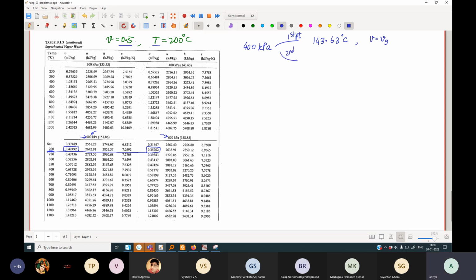The second point will be at 250 degrees Celsius, where V is equal to 0.59512. Now, how do I find out what this V equal to Vg will be? I simply look up the 400 kilopascal saturated water entry and write down what Vg will be. That's actually pretty simple.